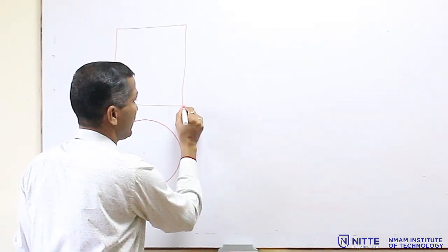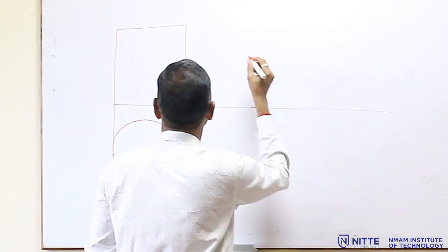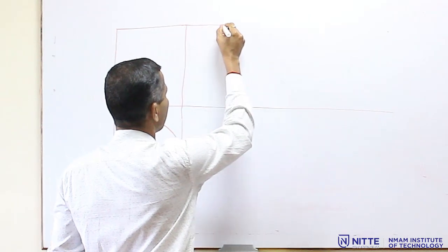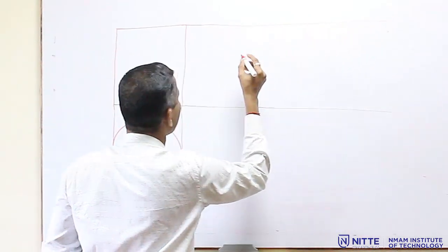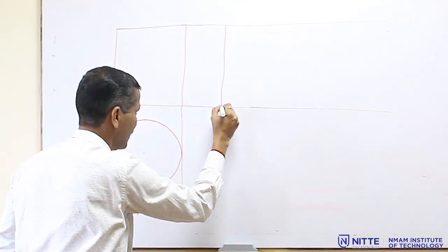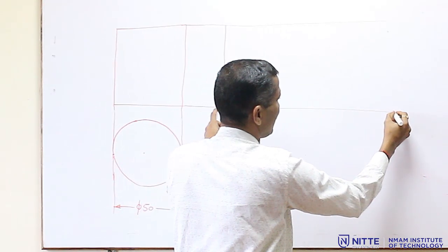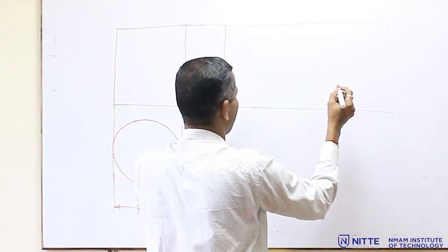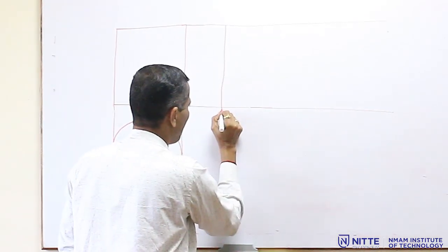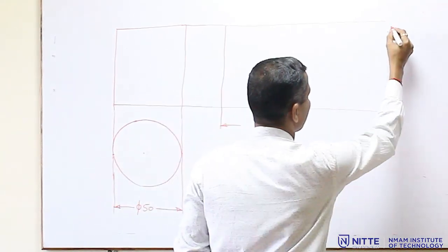So, from here you draw a line, then from this you draw one line and leave some space and drop a vertical line, and from here you measure the length, that is the circumference of this, from this particular point up to here.